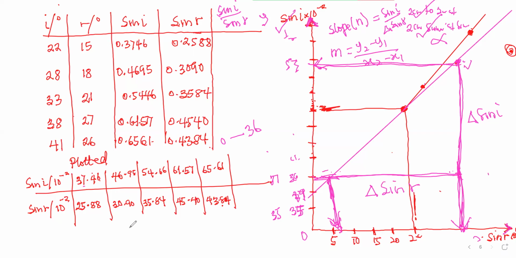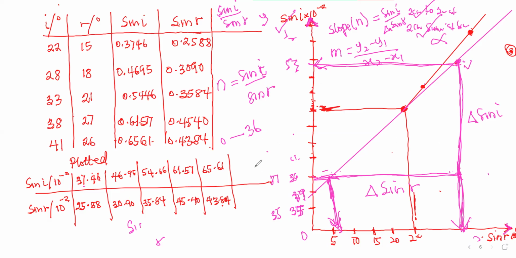Then the next question, you were given sine 25, I think, to find R. You can do that using calculation or on the graph. If you manage to get the gradient correctly, you can use Snell's law to do that. I think I explained this to you last time.